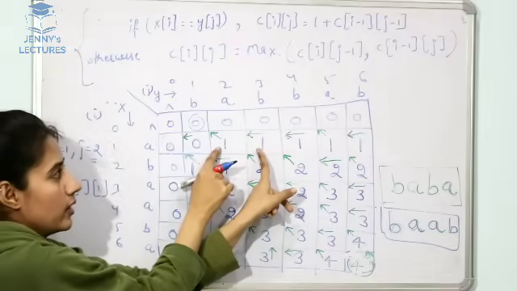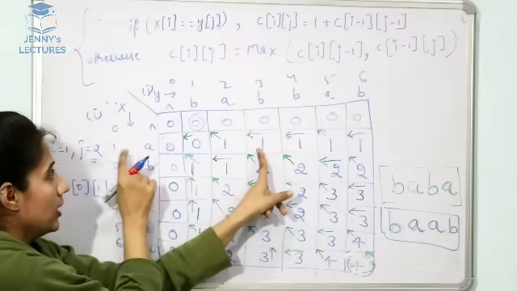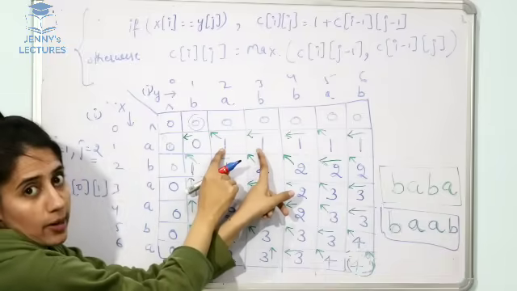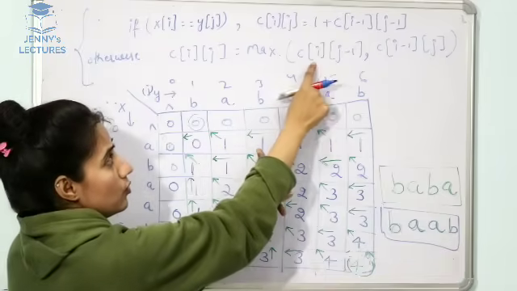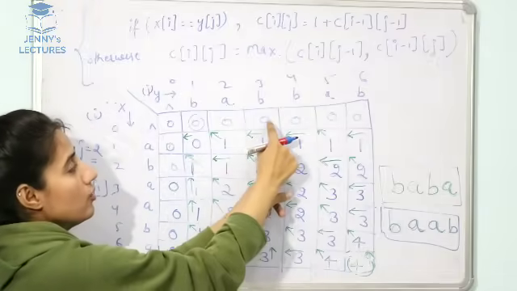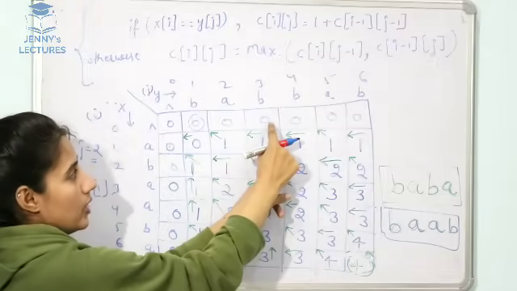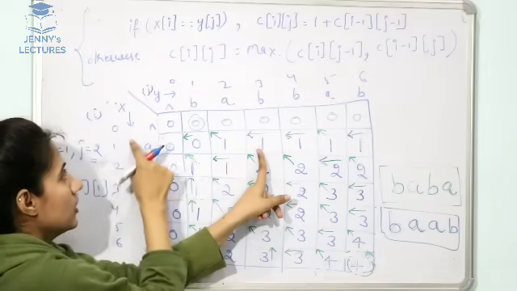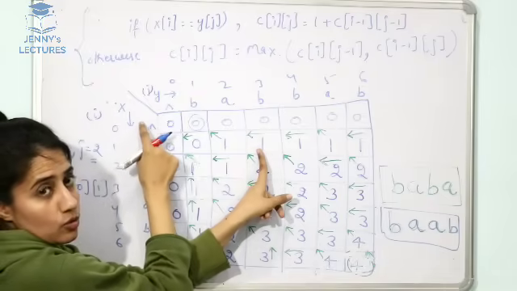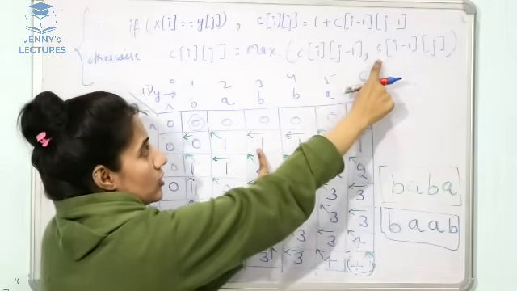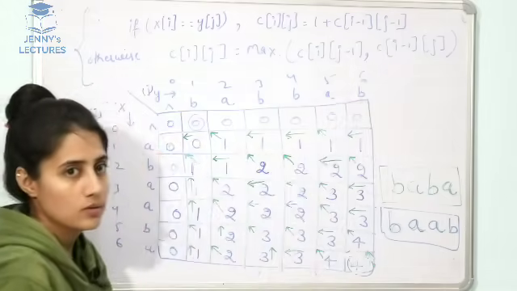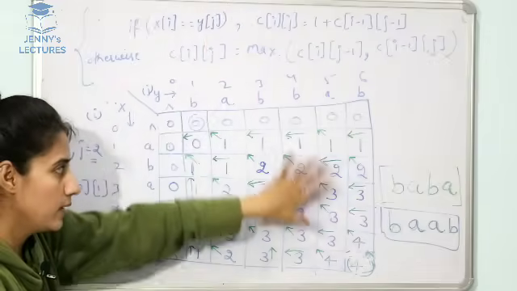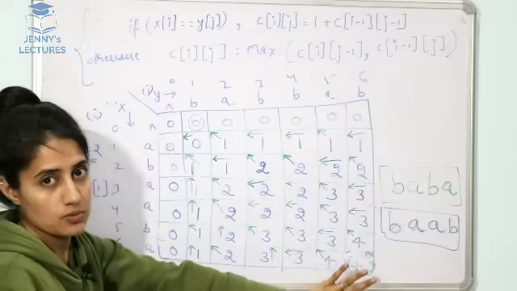If you come backward, then the i value is the same, the i value will remain 1, only the j value becomes j minus 1. So maximum of c of i, j minus 1, and you can say this one, here the j value remains 3, but what does the i value become, 1 minus 1? 0, that is c of i minus 1 and j. See, this is the formula. You can derive this formula by looking at this table only.